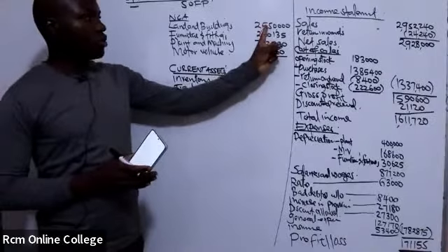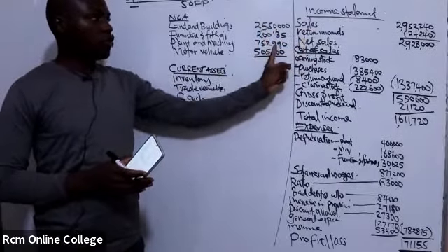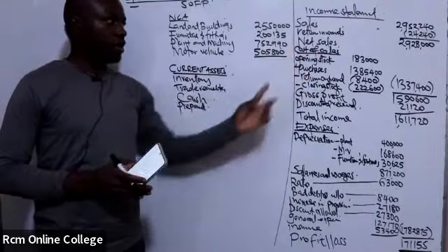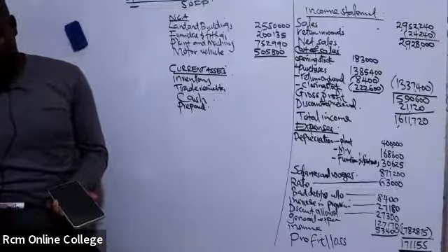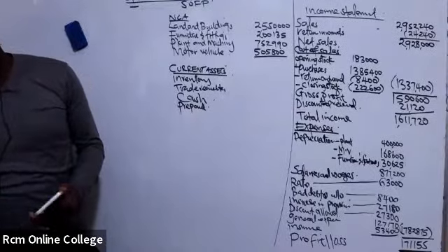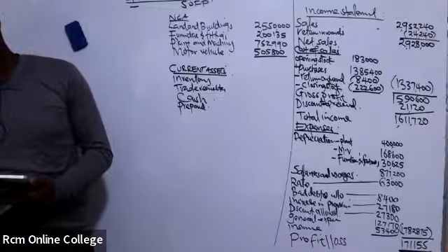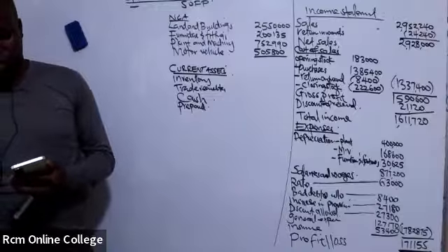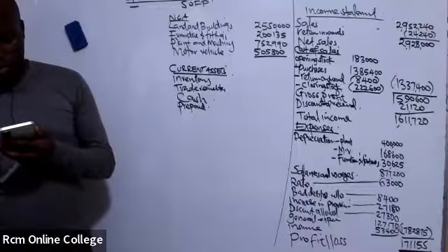We add all these: 2,550,000, 200,135, 752,990, 505,800. When you add all of them, the third person should be able to give us the answer to confirm between Mercy and Ruth who is right.